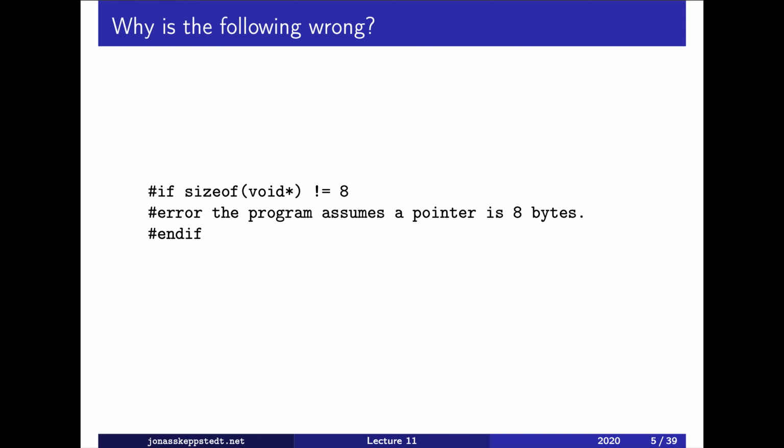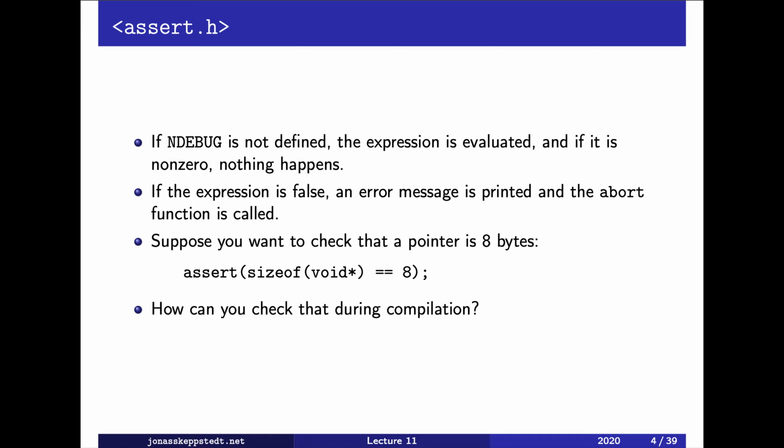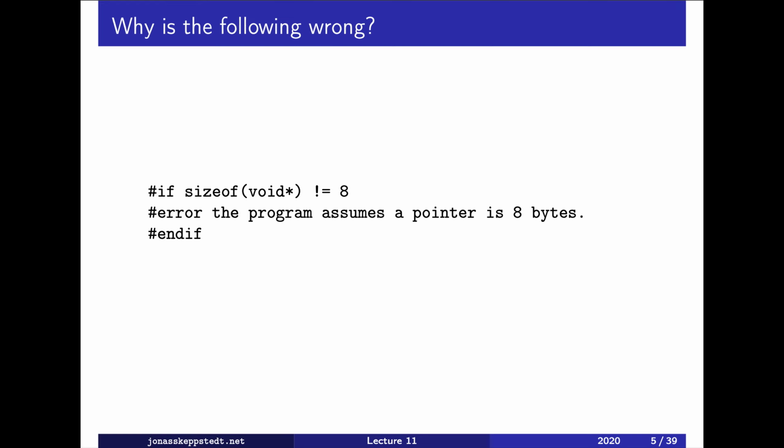Okay, so if we want to test this during compilation instead, can we do that? This is not the working approach, and the error with this is that we assume that the preprocessor knows about the size of a pointer. It doesn't know about anything except macros and simple arithmetic. So this doesn't work.